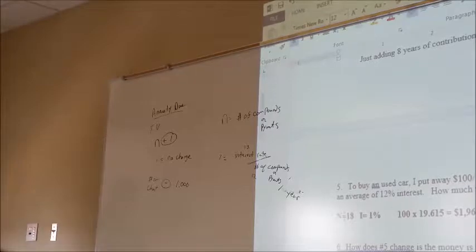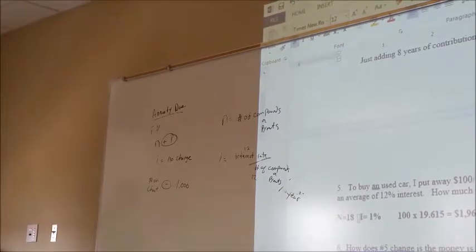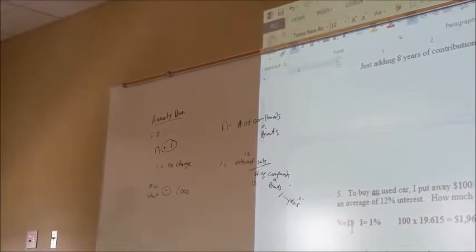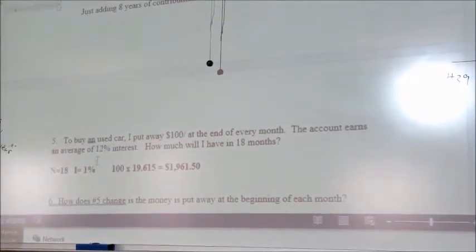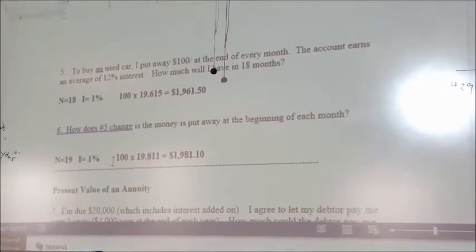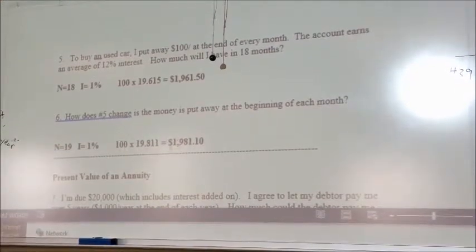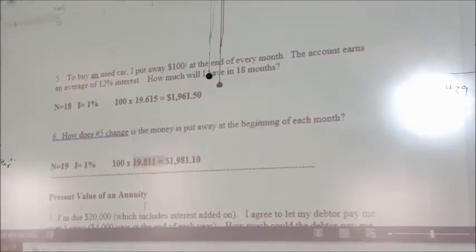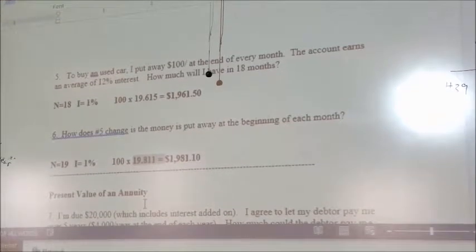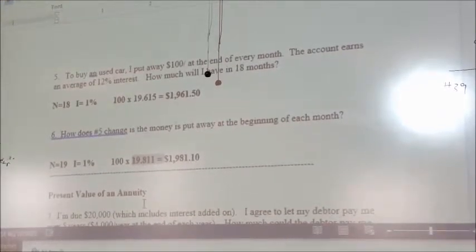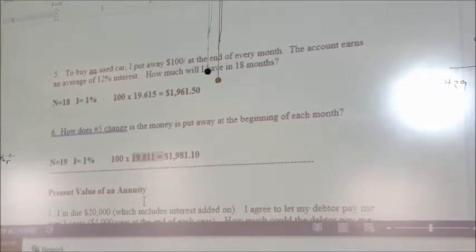So your N value is now we're going to look up 19 at 1%. And when you do that on your chart, you get 20.811. All I need to do is subtract 1.